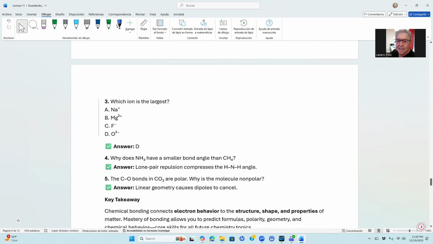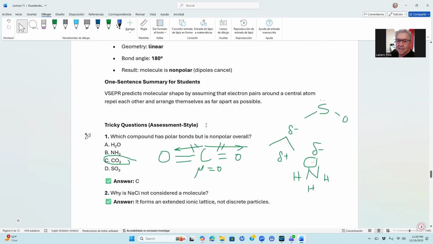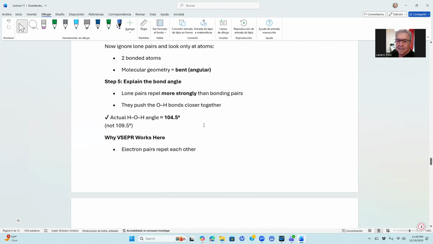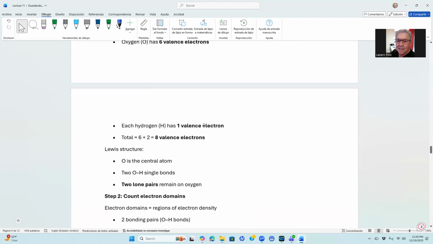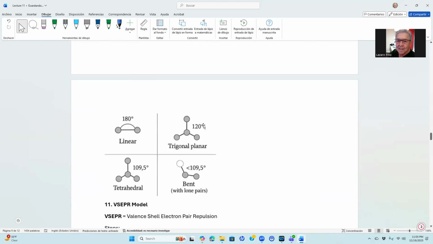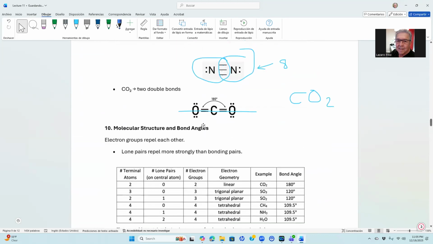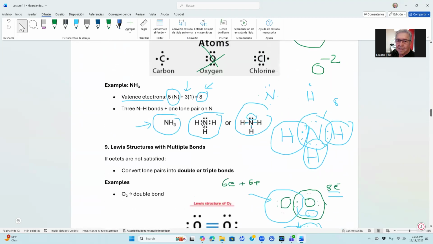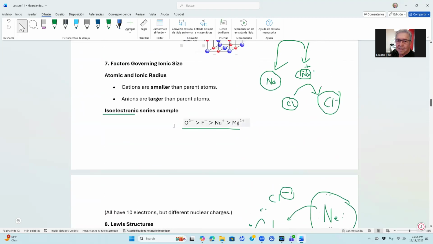Which ion is the largest? Remember that between these four that you see here, we have a series. You remember the series that we were talking about? Let me go back in order that you can remember what I'm talking about. Look, this is an isoelectronic series example.